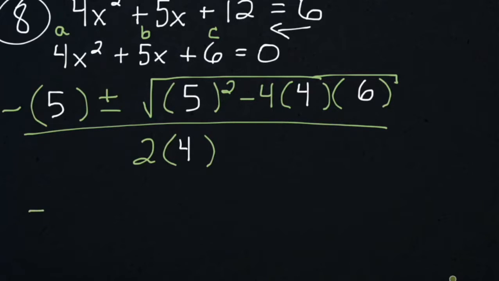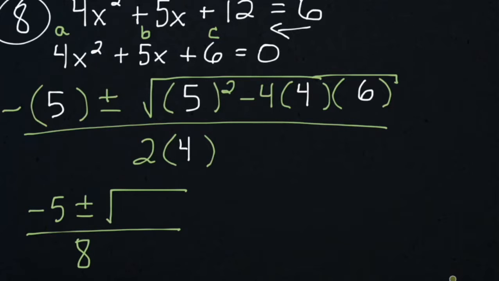Now simplify. Negative 5 plus minus. We're going to have something under the square root, and 2 times 4 in the denominator is 8. So what goes under the radical? So I have 25 minus 4 times 4 times 6. When I plug that in, that ends up being negative 71. Wow, I got a negative under there.